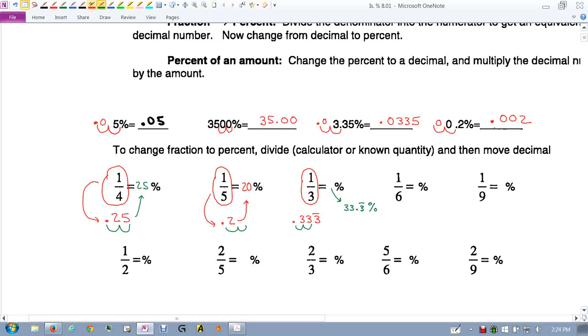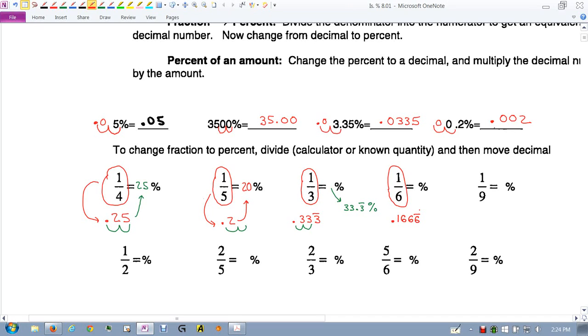What about the next one? What is it? 16 point, no. So what is repeating on it? The 6? So it's 0.1666666. 0.1666.